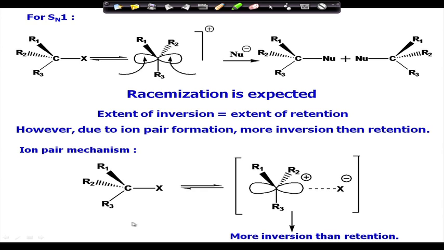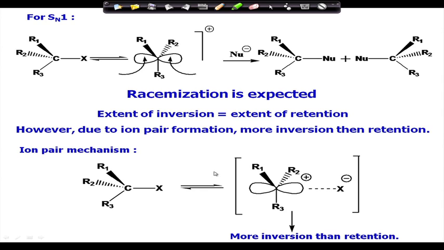than retention. What is an ion pair? That means when it has departed, it is a plus carbocation and a minus leaving group. There will be some electrostatic interaction still present here, and so this may exist as an ion pair. If it exists as an ion pair, then this side is a little bit blocked for the nucleophile to gain entry, but this side is open.